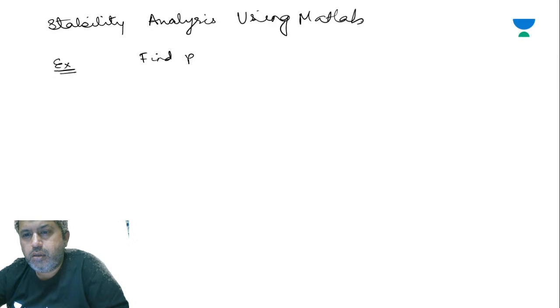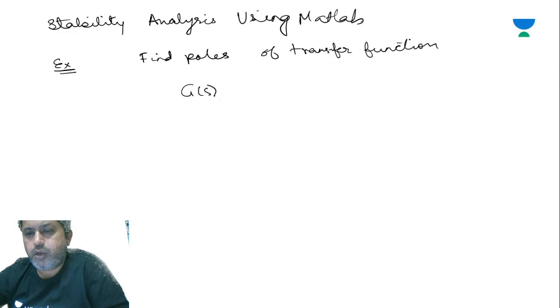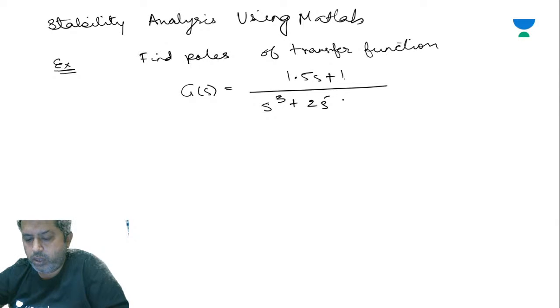Example: find the poles of the transfer function G(s) = (1.5s + 1) / (s^3 + 2s^2 + 2.5s + 0.5).